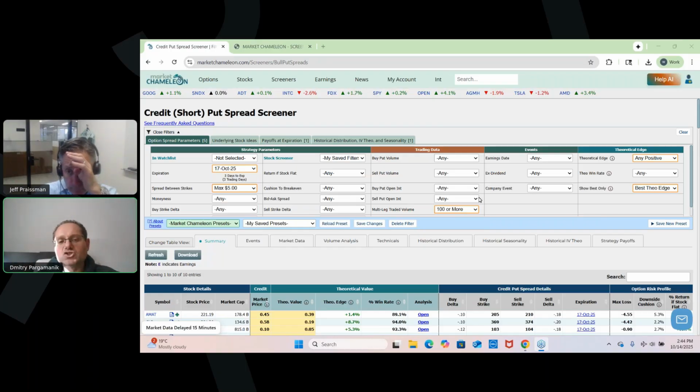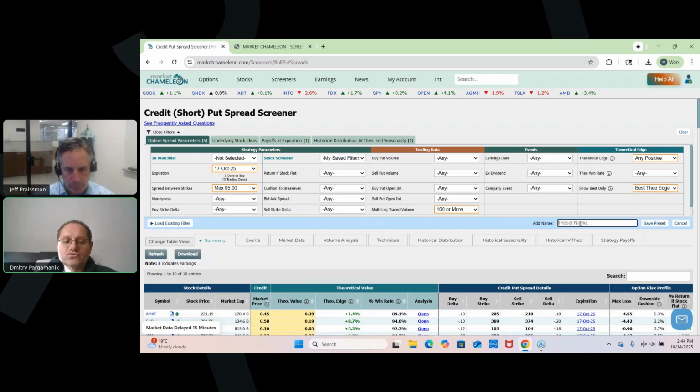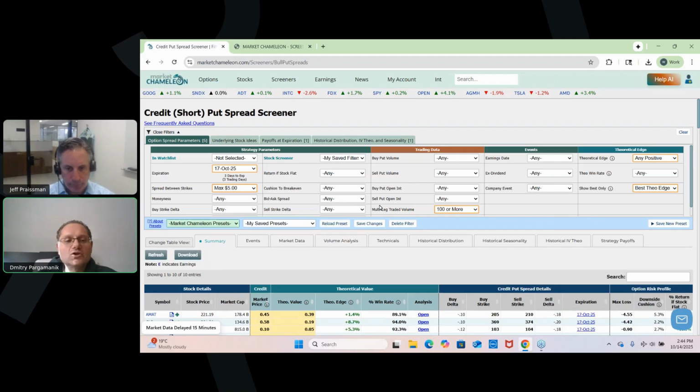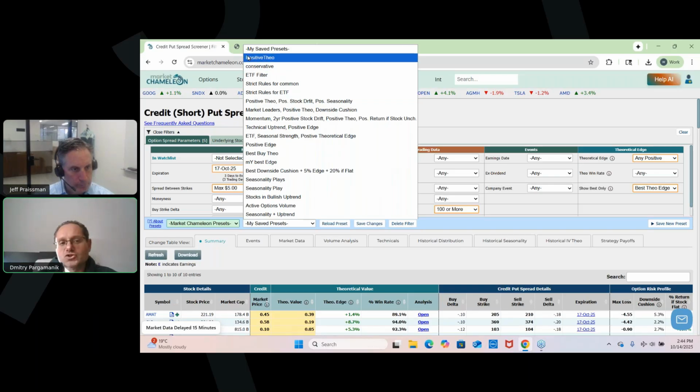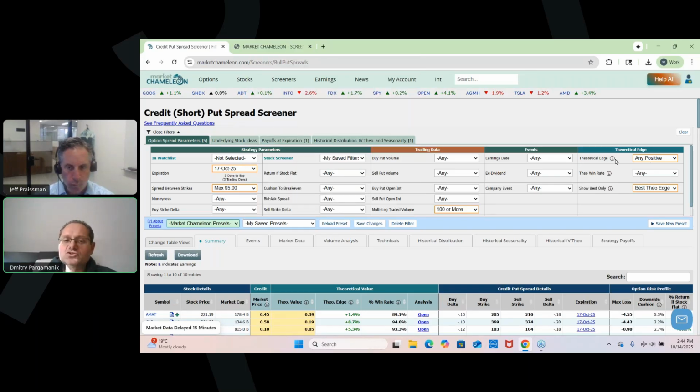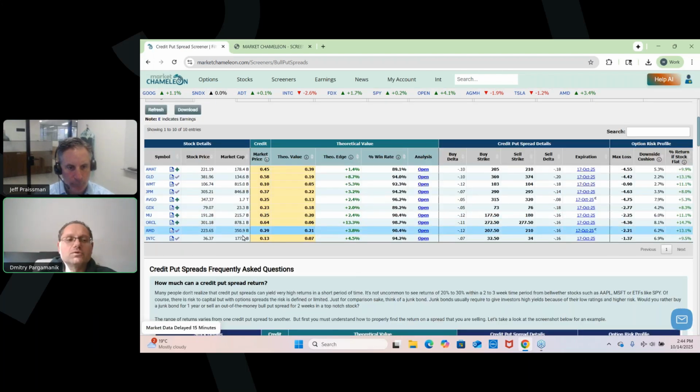But if you like it, then just click on this, save new preset, right? So if you save it and say my new screener, whatever you want to call it, hit save. I'm not going to save, it'll show up here. So in your list, whatever your name is. So once you click it, it will set all these filters that you have saved, like I have now, and it will screen for you.